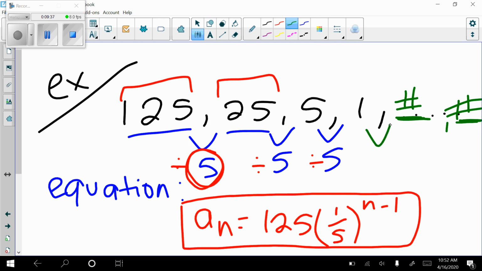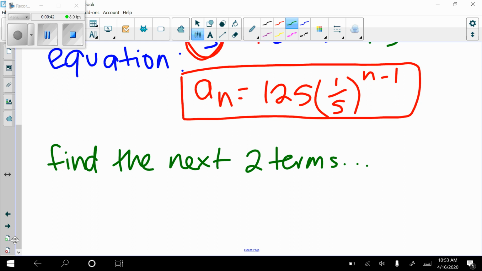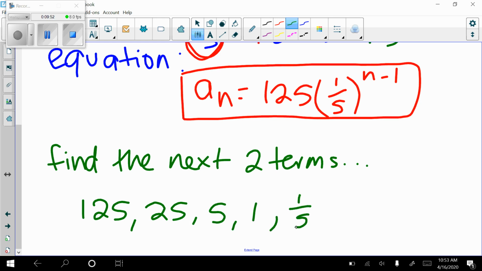So if we keep with the pattern, divide by 5, well, 1 divided by 5 would be, let me rewrite it. So if you keep dividing by 5, this would be 1/5. And if you take 1/5 divided by 5, that is 1/25.